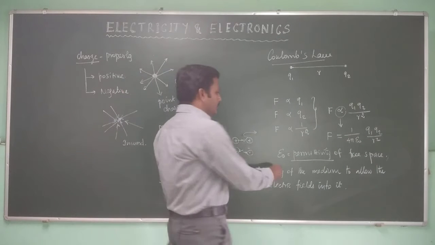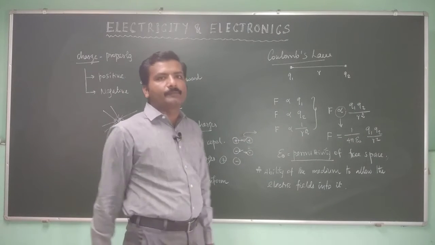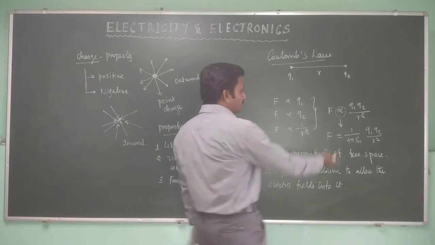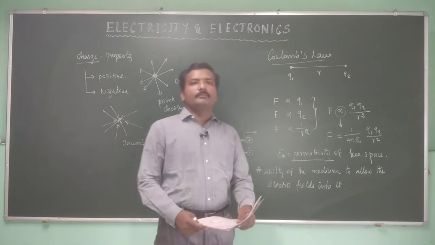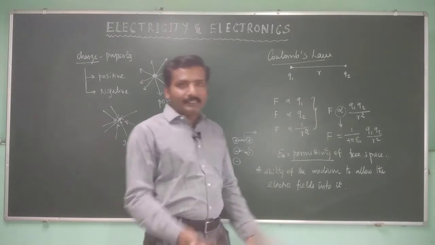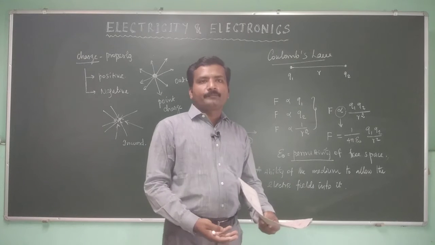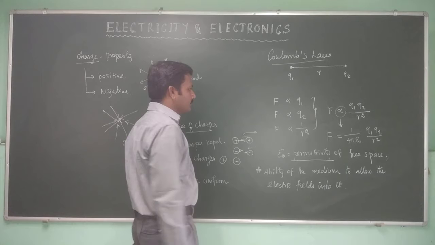And you can put this epsilon with another suffix for different mediums. The permittivity of air is more or less close to free space, whereas the permittivity of other materials like water or metals will vary for different mediums. Right?